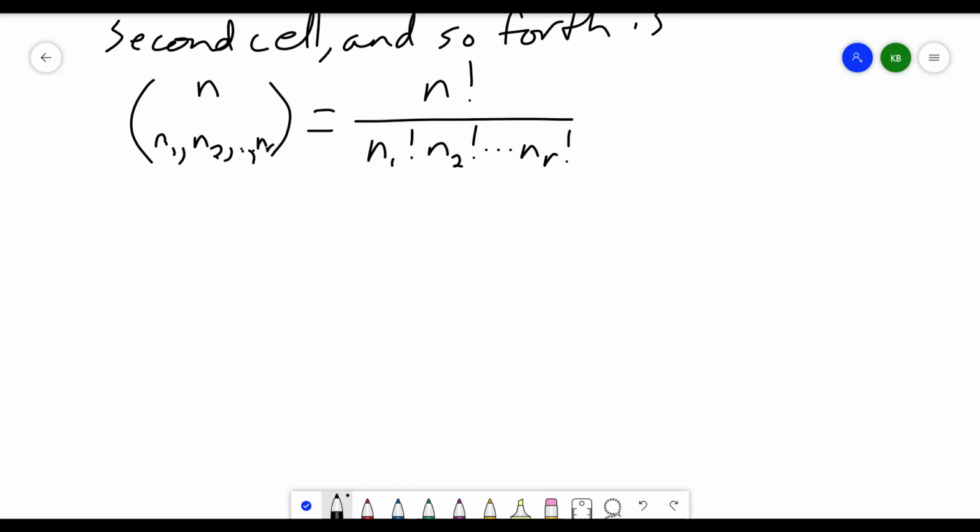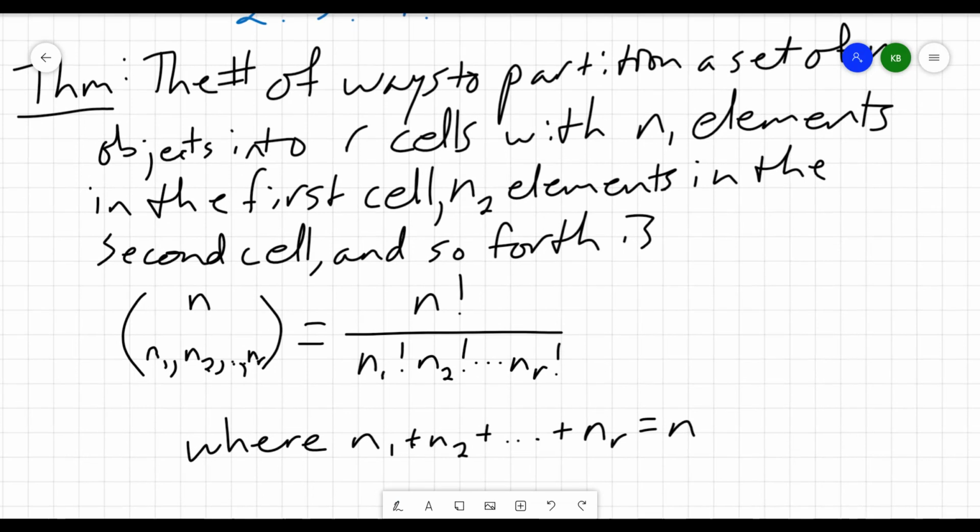So every element in exactly one of our cells numbered 1 through r. So we also have to have, for this theorem, n1 plus n2, and if we add them all up to nr, this is going to actually equal n. So that's our theorem right there.